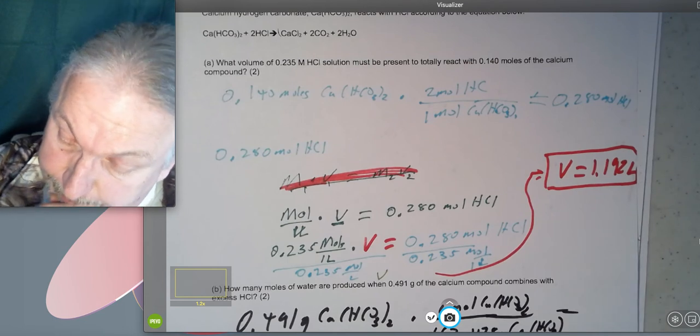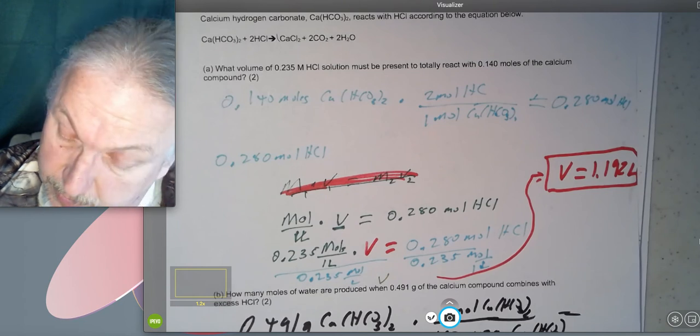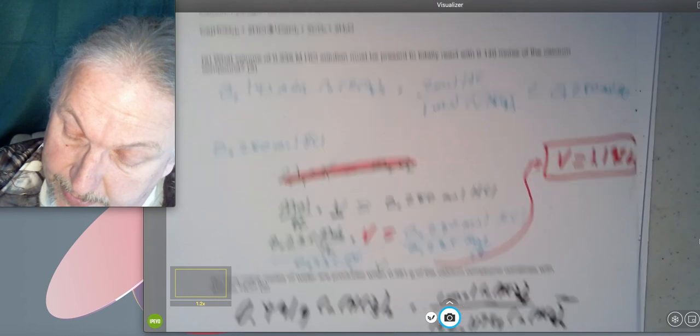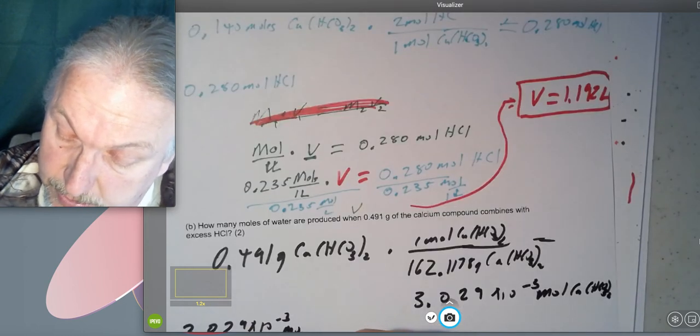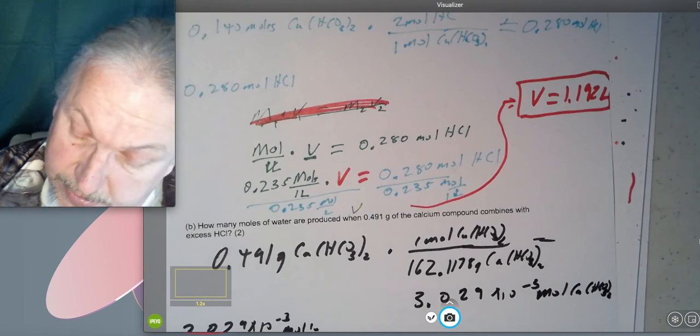So I've got 3.029 times 10 to the minus 3 moles of calcium bicarbonate.